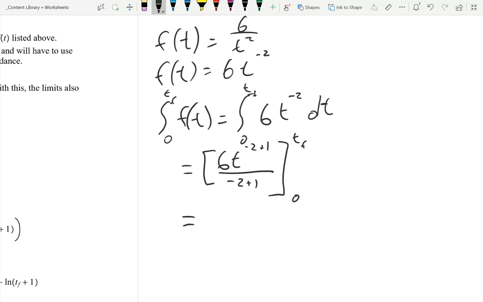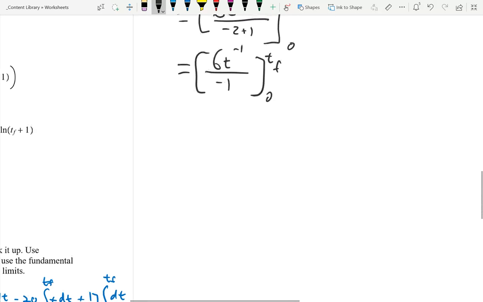Now we do some arithmetic and come up with 6t to the negative 1 over negative 1, so negative 6 t to the negative 1, from 0 to t final.